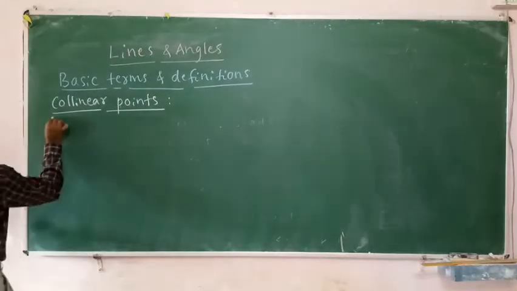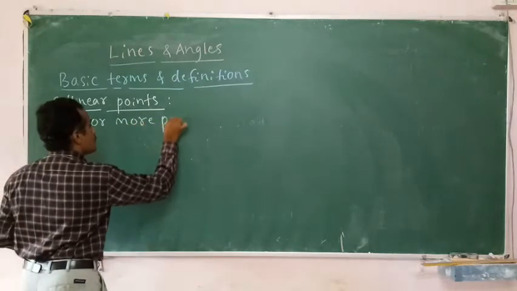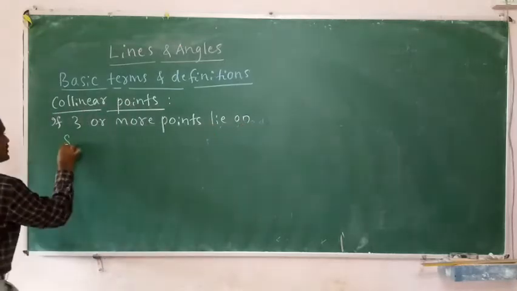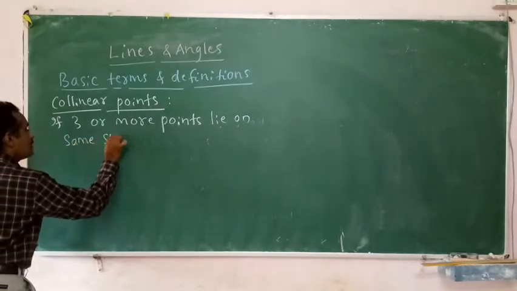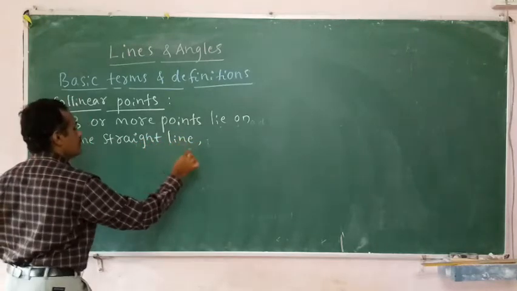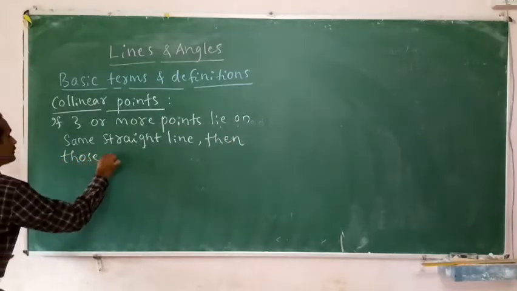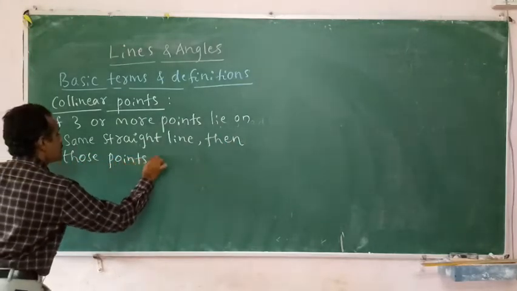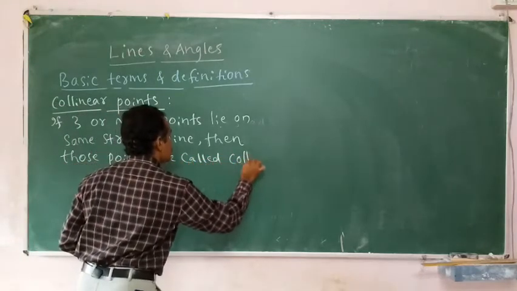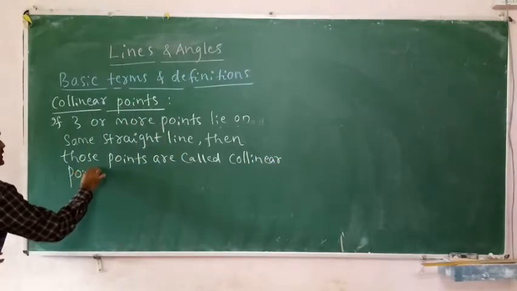Collinear points: if three or more points lie on the same straight line, then those points are called collinear points.